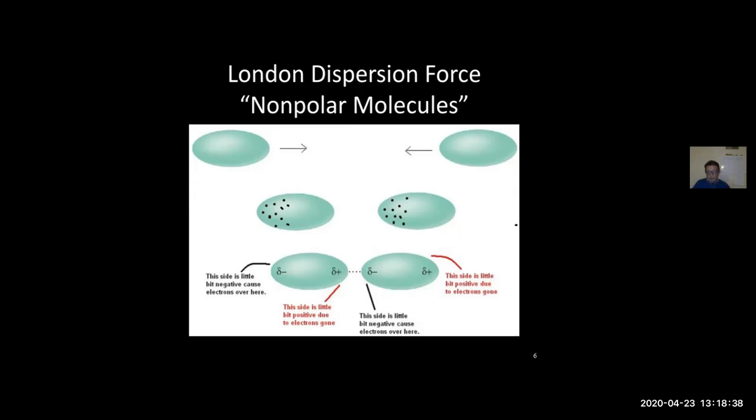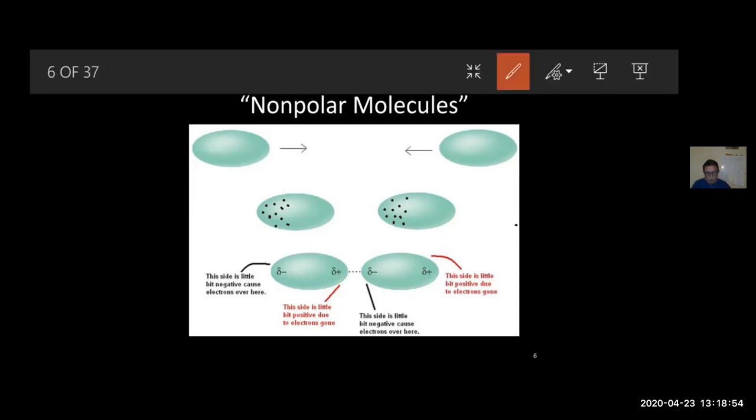That's because the London forces, dispersion forces, are fairly weak. And that's what's happening here. As two nonpolar molecules come together, the electrons from one push the electrons away from the other molecule to create a temporary partial positive and partial negative, and therefore a subtle interaction between the molecules, okay?